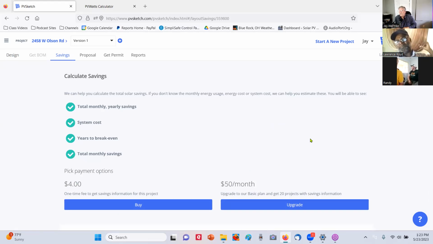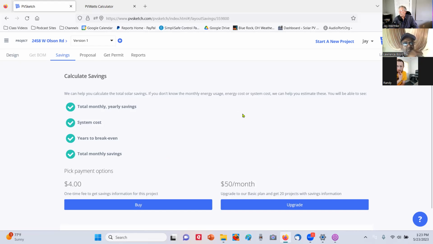I'm going to talk to Matt about that, because $4 per project is not a big deal, but once you start doing 10 or more, it would really pay to kick it up to the 20 per month, because at 20 per month you're paying about $2.50 each versus $4 each. So just the financials there.